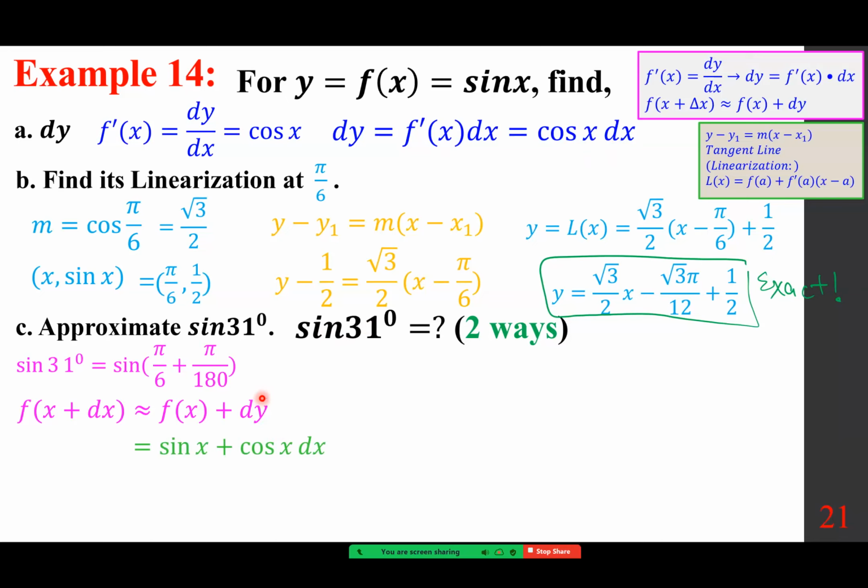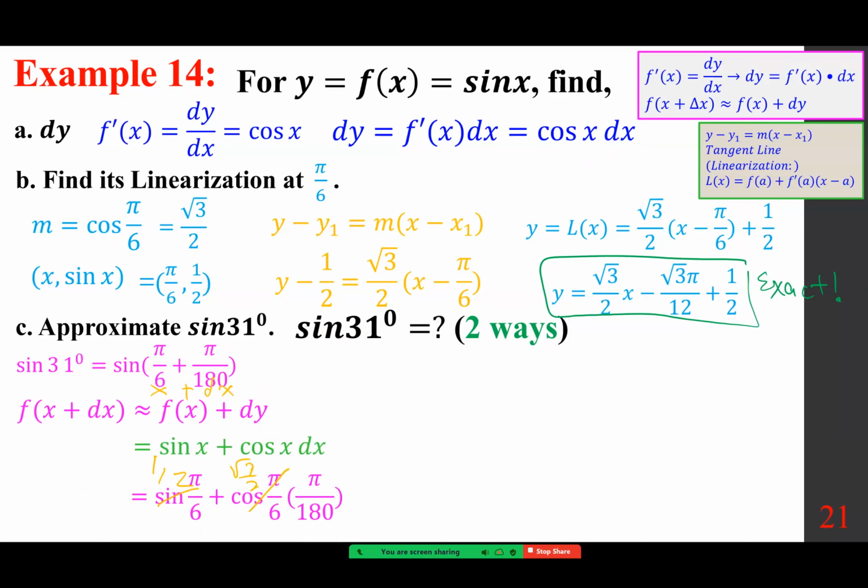So replace the x with pi over 6, dx with pi over 180. This is x plus dx. So plug in. And now, of course, I leave it for you to finish it, but sine of pi over 6, we know it to be 1/2 and cosine to be square root of 3 over 2.